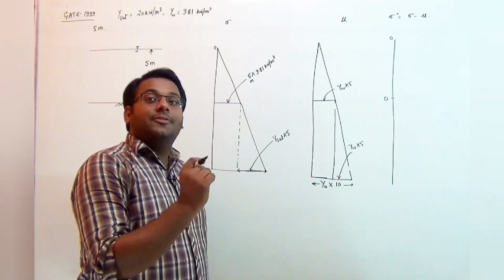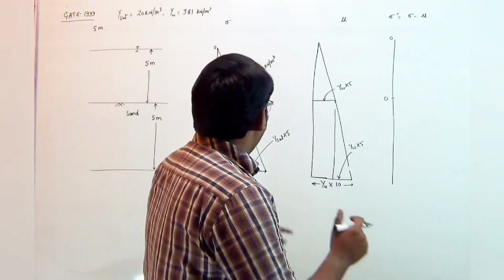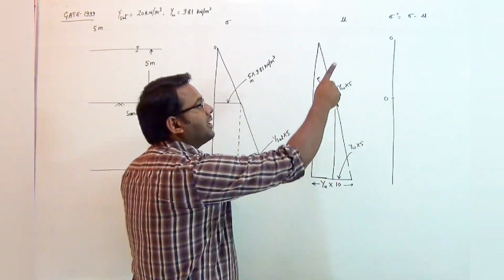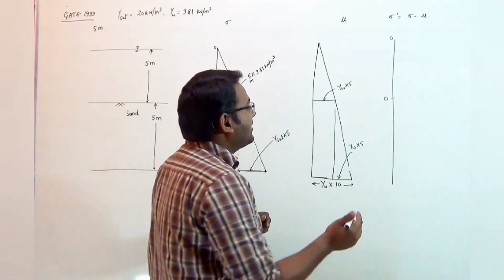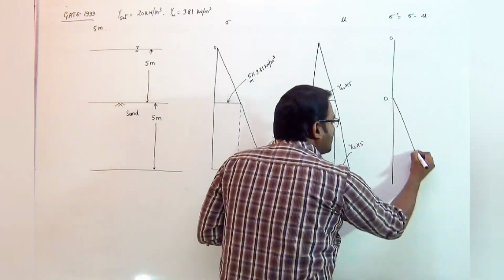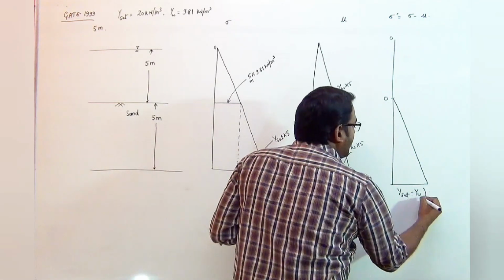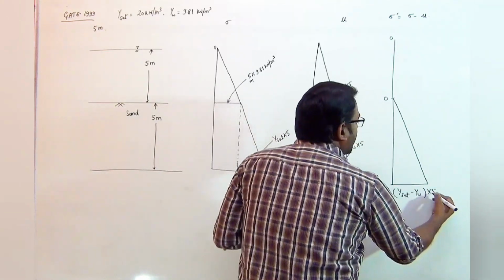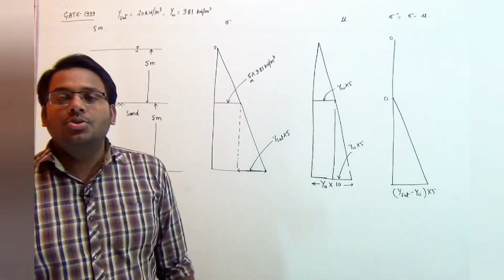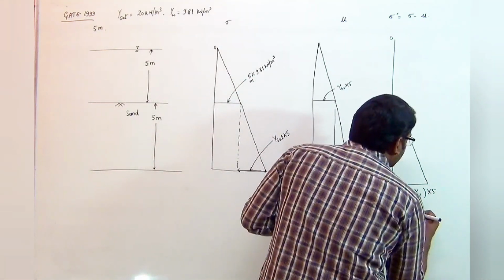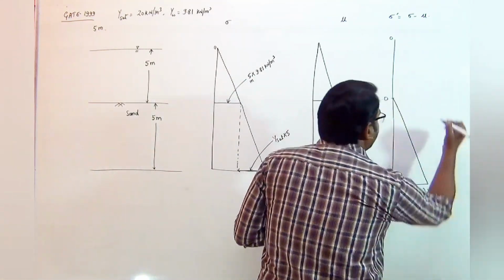The increase will be gamma saturated into 5 minus gamma W into 5 for the increase in effective stress, and hence you can see that the effective stress will increase by a difference of gamma saturated and gamma W for 5 meter. The difference of gamma saturated and gamma W is known as gamma submerged into 5.